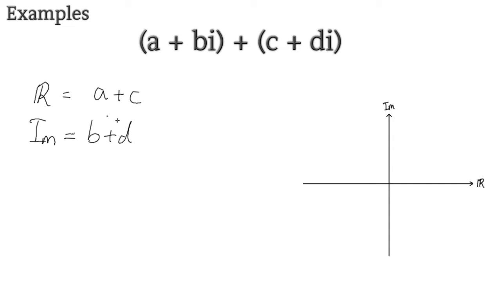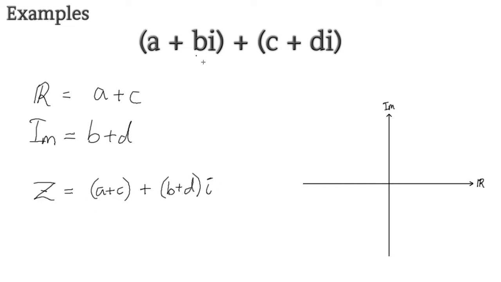So we have two sums, one with the real part and one with the imaginary part, and therefore the solution complex z is equal to a plus c in the real part and b plus d in the imaginary part.